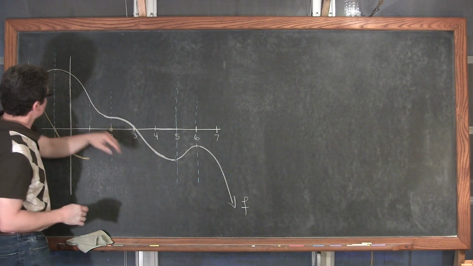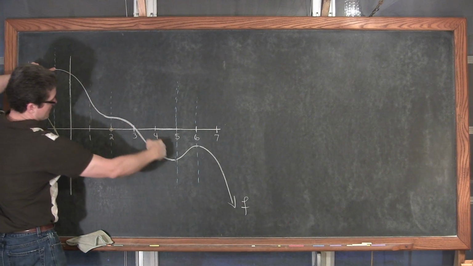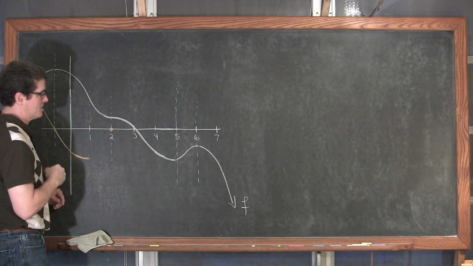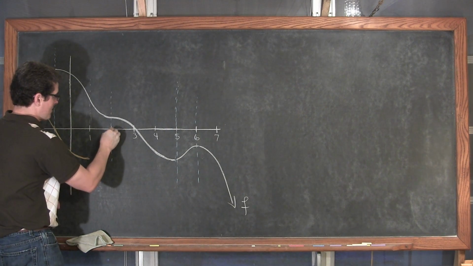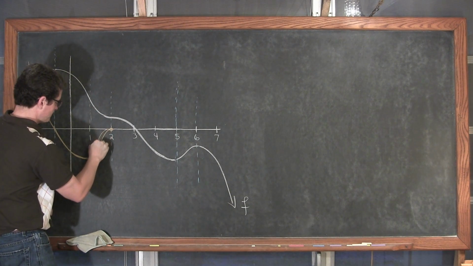But then after the slope starts to increase, still negative, but increasing until it gets to 0, it starts to drop again. So from here to here, this original function is falling, which means all my slopes are negative except for maybe here where it's equal to 0. So I need to keep this first derivative below the x-axis. So I'm going to come up here and touch the value of 2.